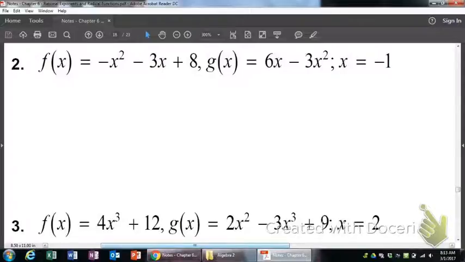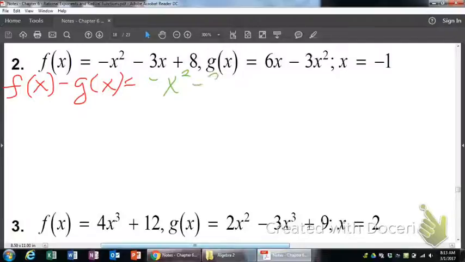So for f of x minus g of x, here we go. You're going to have negative x squared minus 3x plus 8 minus 6x minus 3x squared.